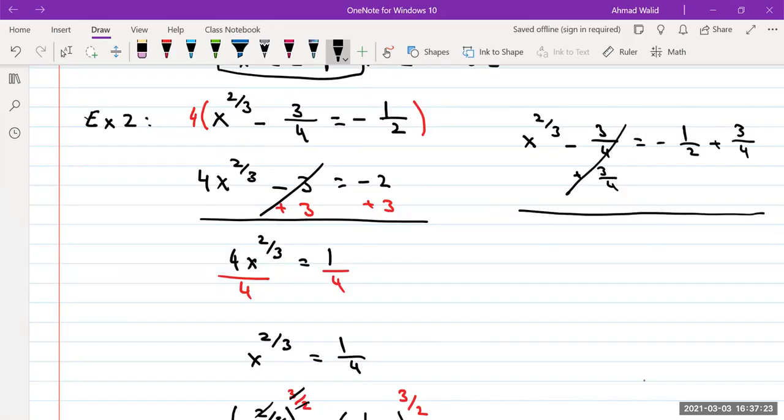These two cancel out. x to the power of 2/3 equals, you need a common denominator, then here times 2, times 2. Negative 2 plus 3 gives you 1 over 4. From here on, it's the same.